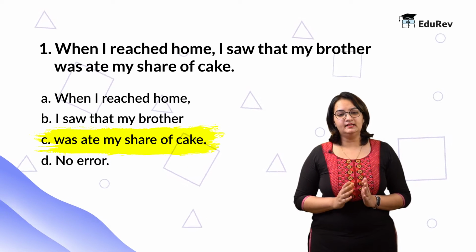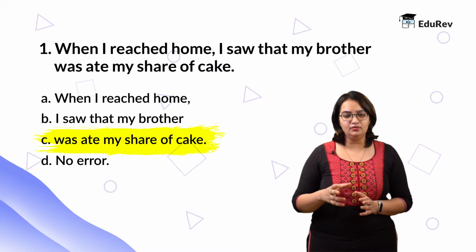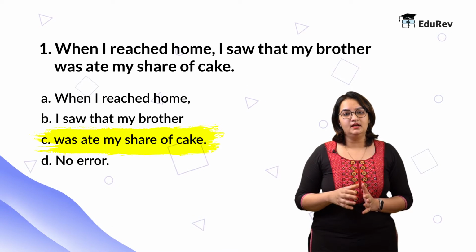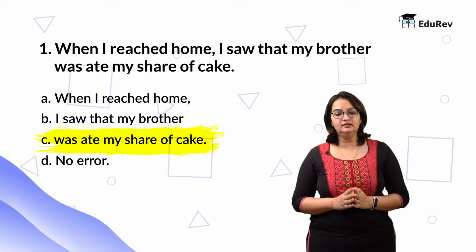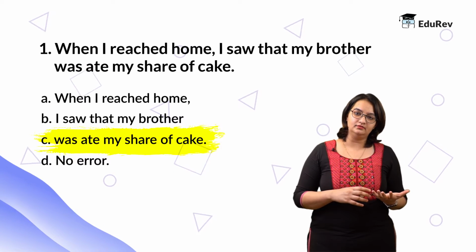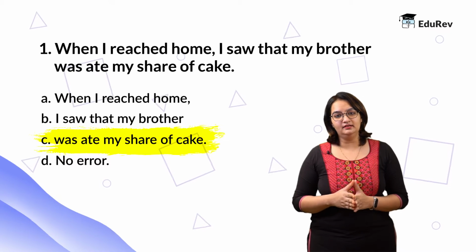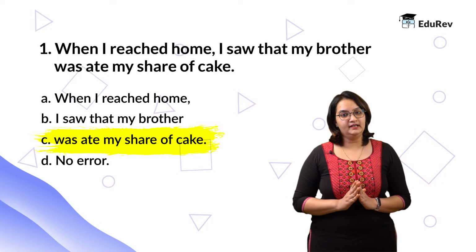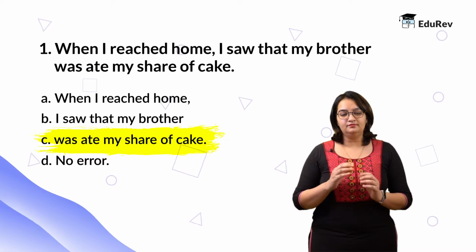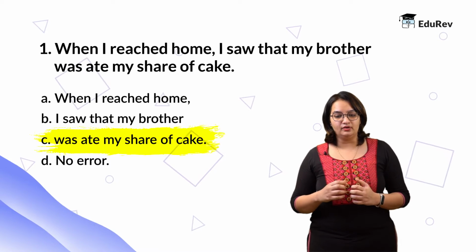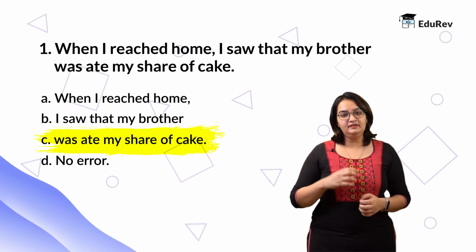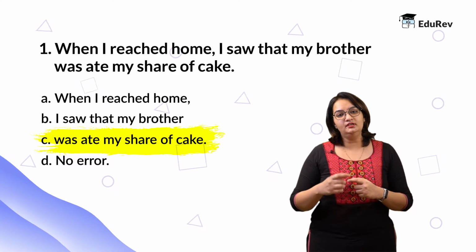In the statement, it is clear that the narrator had just reached home when he observed something, and there are two possibilities. Either the brother had already finished the cake that was preserved by the narrator, or the brother was still eating the cake just when the narrator entered his house. Here, why we are going with this one particular choice is because it is an action in motion.